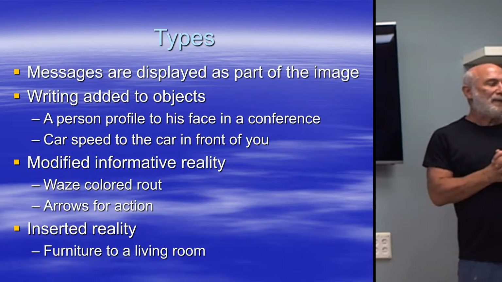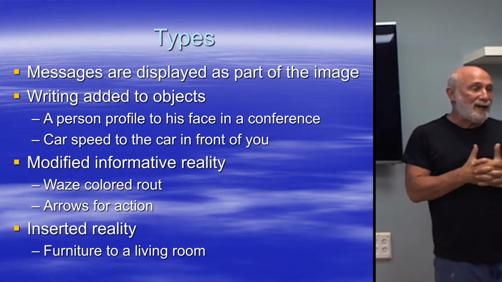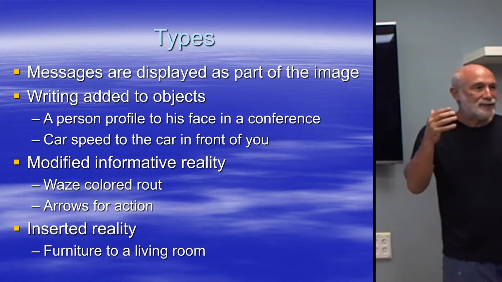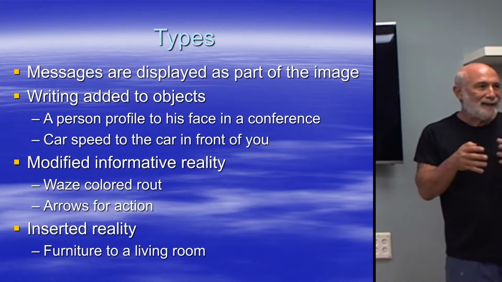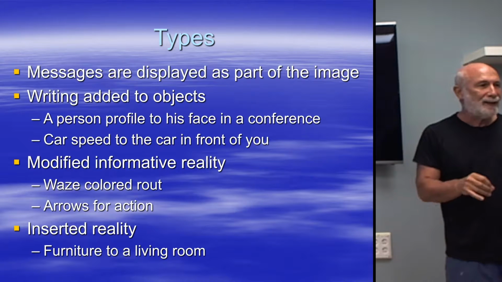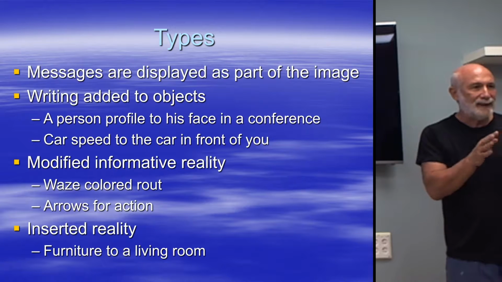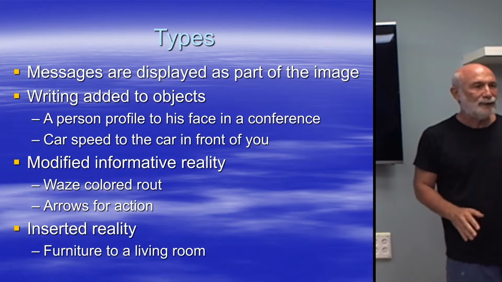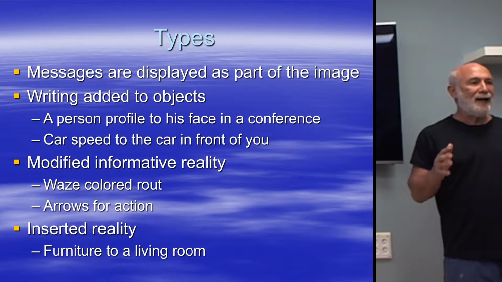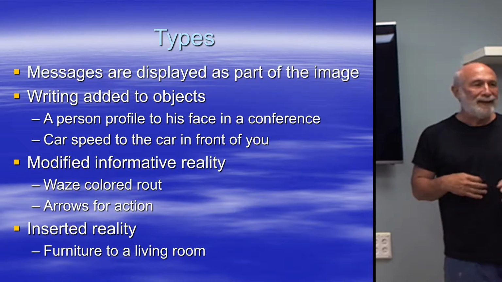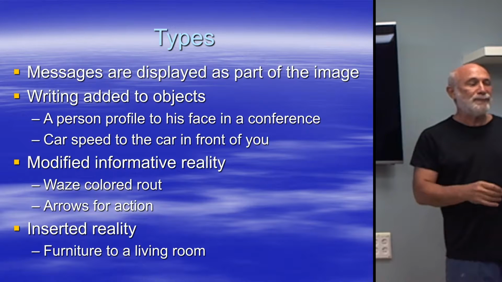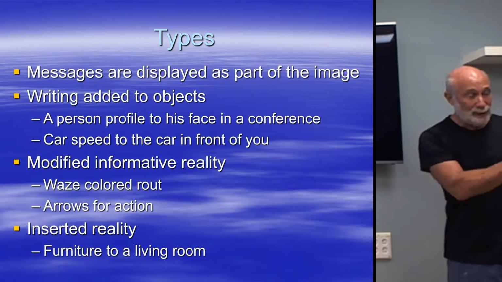The third is, I would say, modified informative reality. The best example that I saw was Waze. You know, Waze gives audio instructions, turn right, turn left. And for me, many times when I get into a complicated junction, I'm getting confused about what exactly turn to take. Here, assume now that the road you need to take is painted turquoise, or painted purple.